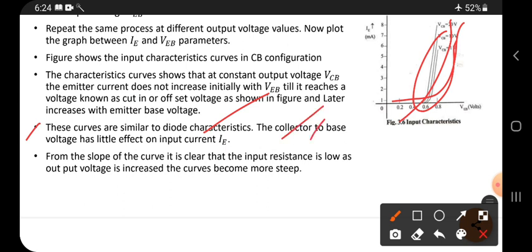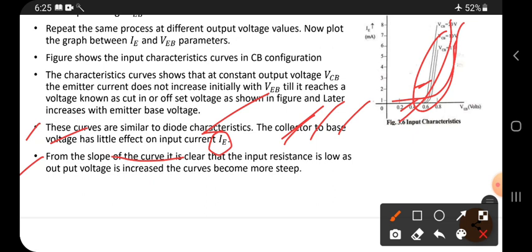The collector to base voltage has little effect on input current IE, right? Input current is IE, so there is little effect there. From the slope of the curve it is clear that input resistance is low.